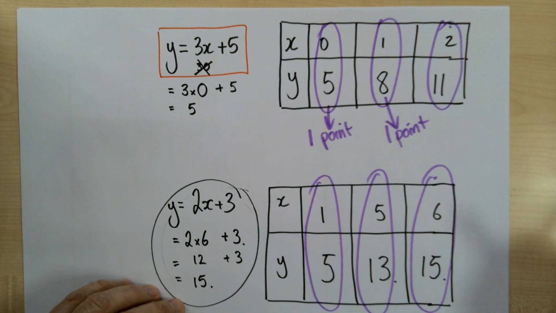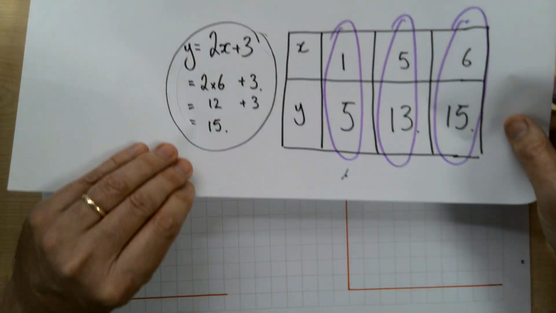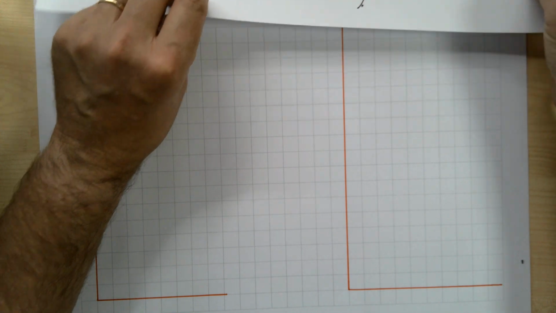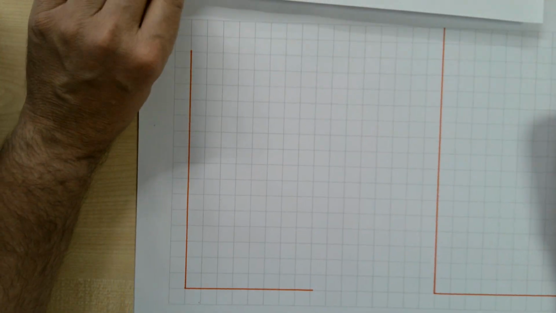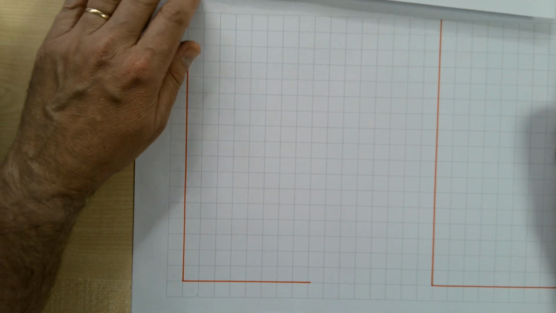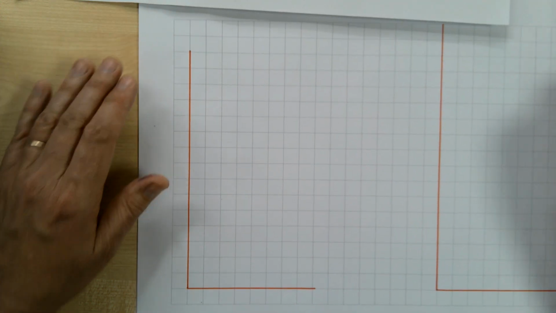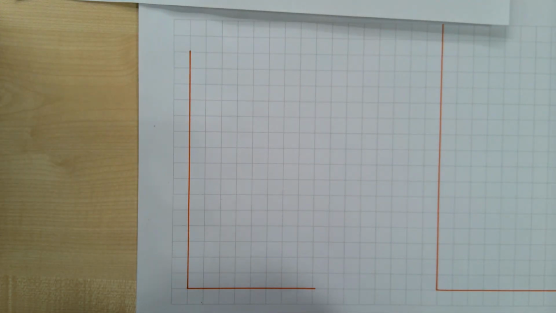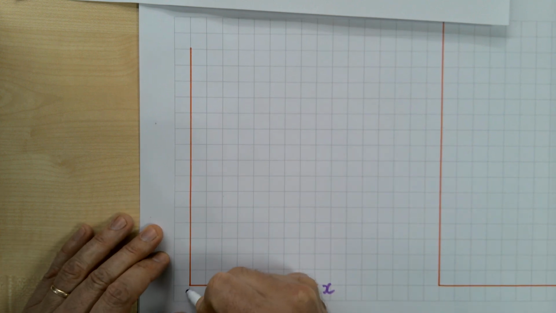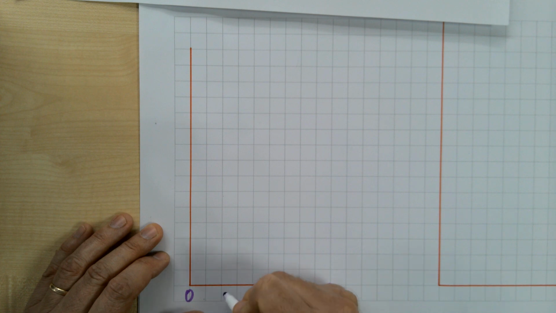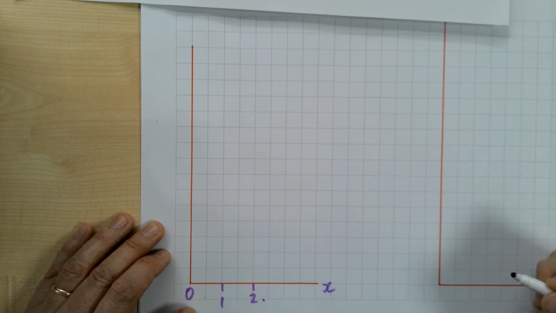Okay, so let's, how am I going to do this? I'll have to put it up there. Yeah, okay, so here's my Cartesian plane. Now I haven't put anything on it there, but here's my x. Okay, so that's 0. I'm going to go 1 and 2.